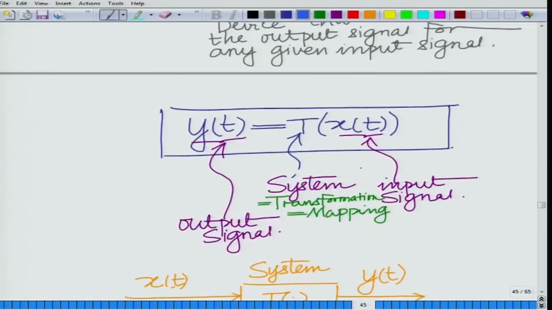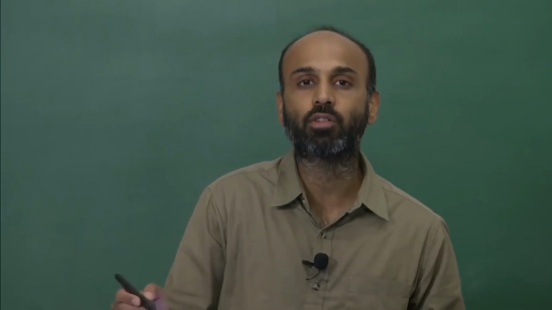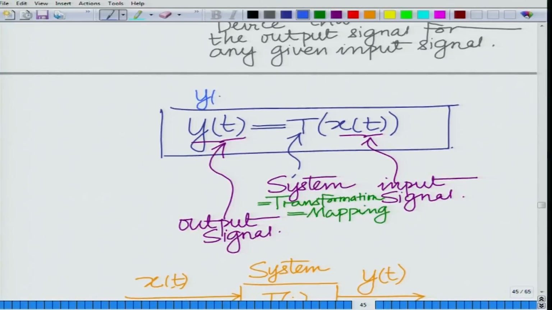In the same manner, I can define also a discrete time system where the output is y of n and the input is x of n. So, I can similarly have y of n equals T of x of n, and the properties are similar.